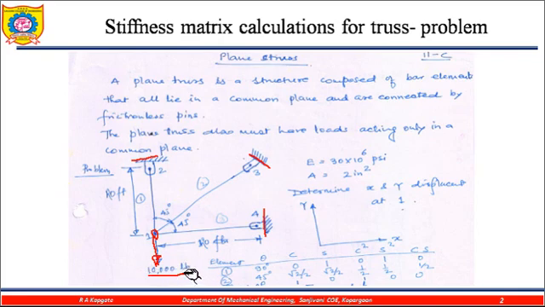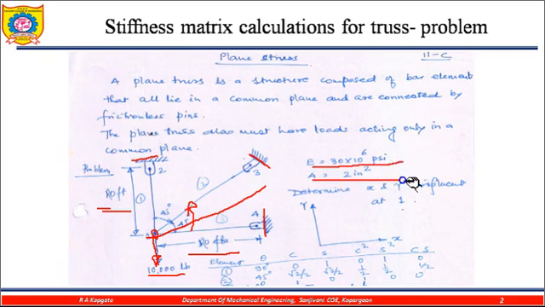The distances are given in terms of feet, these angles are given, this angle is 45, and this distance is also automatically calculated. So E is given, then A is given.